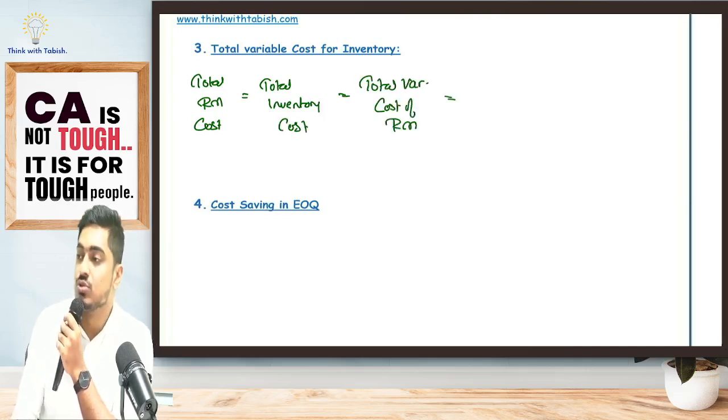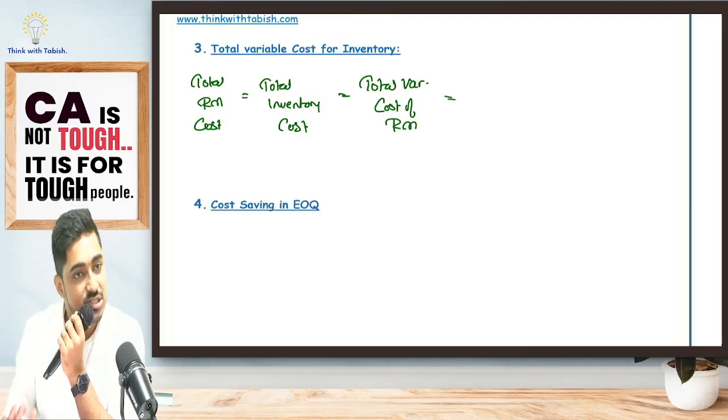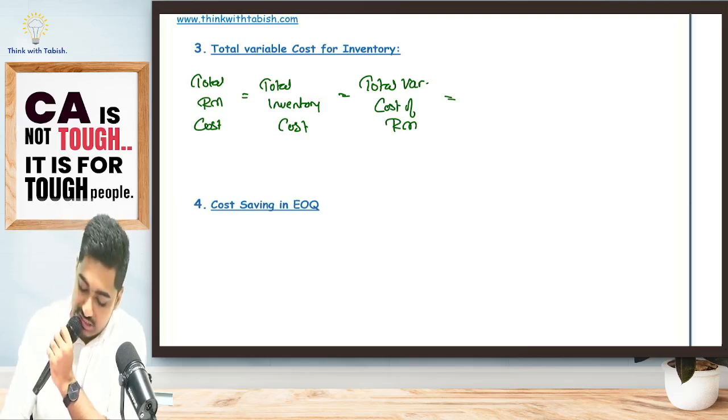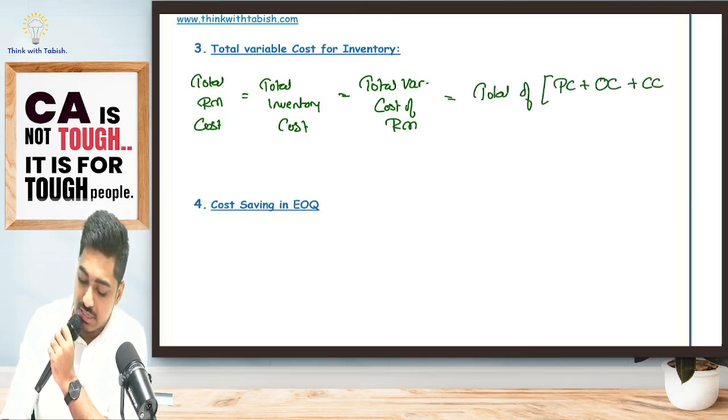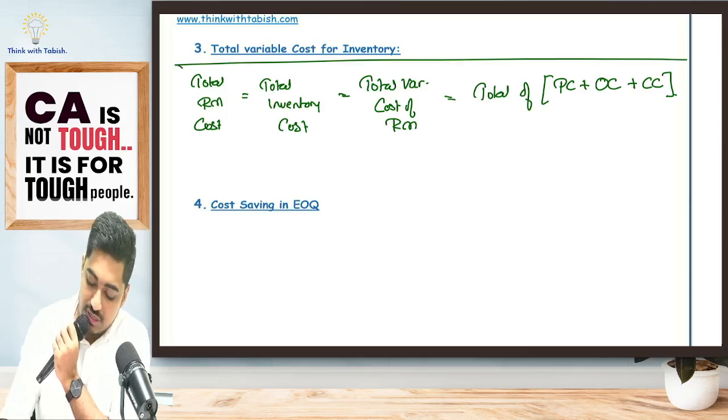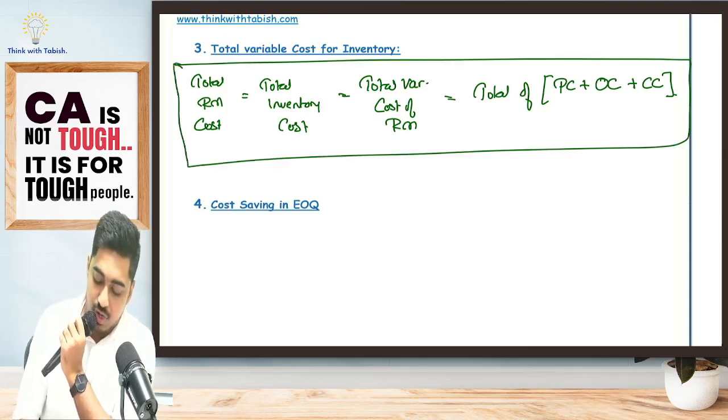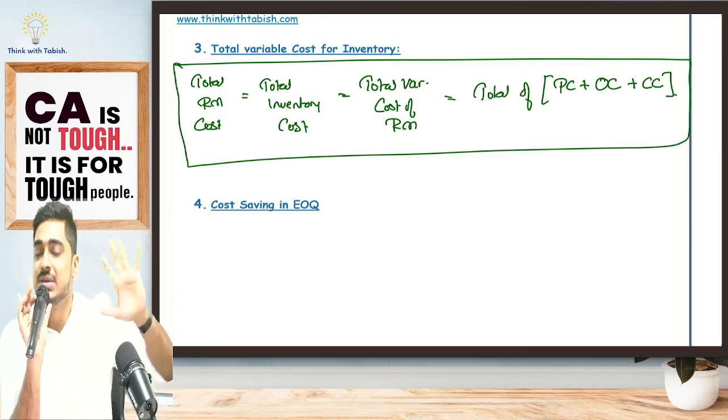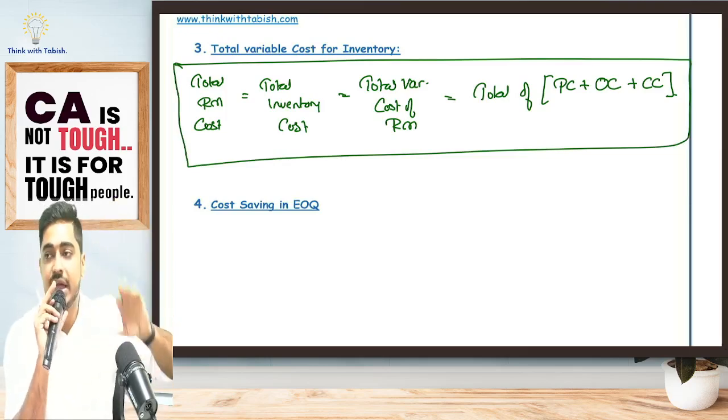Whatever ICA tells you, the simple point is it is a total cost, and my total cost is nothing but the total of purchase cost plus ordering cost plus carrying cost. End of the discussion. Purchase, ordering, carrying. Add, end of the story.